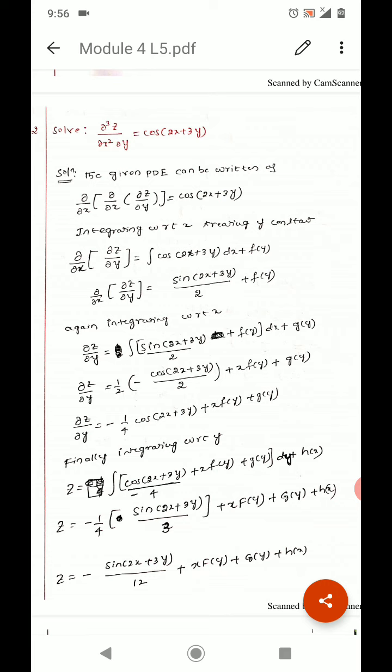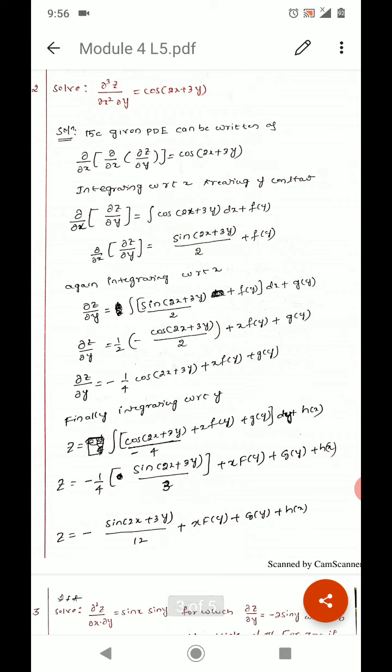So del z by del y is equal to minus 1 by 4 cos of 2x plus 3y plus x into f of y plus g of y. Again, to eliminate del by del y, finally we have to integrate with respect to y, treating x as constant.